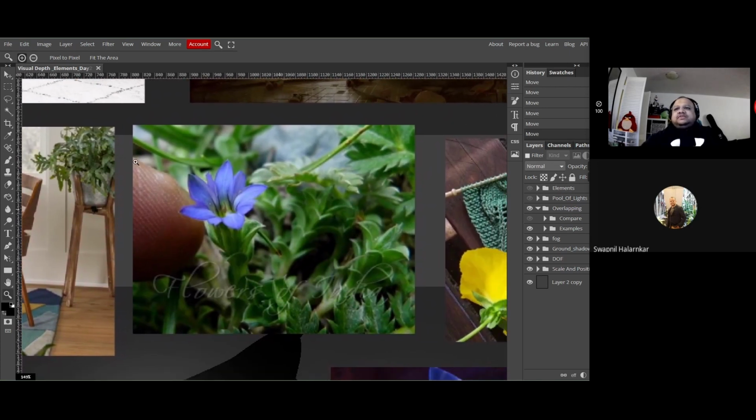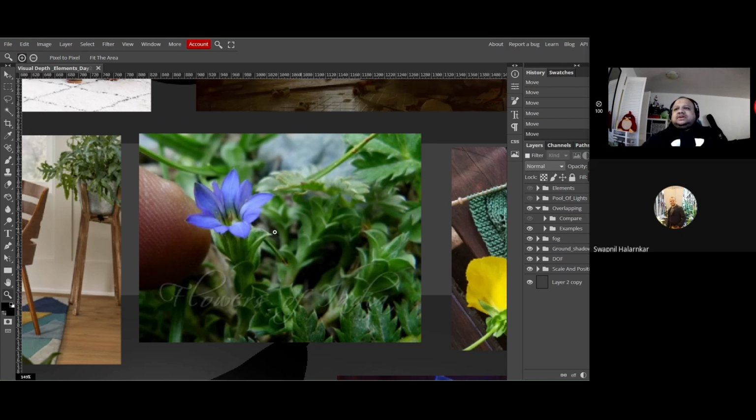See here, the finger is being overlapped by the flower. It is somewhat like macro photography, and we can find out the scale. Sometimes overlapping helps with the scale of the object. If the flower was not overlapping the finger, we would not be able to make out whether the finger is in front, near the camera, and that's why it's big, something like that.